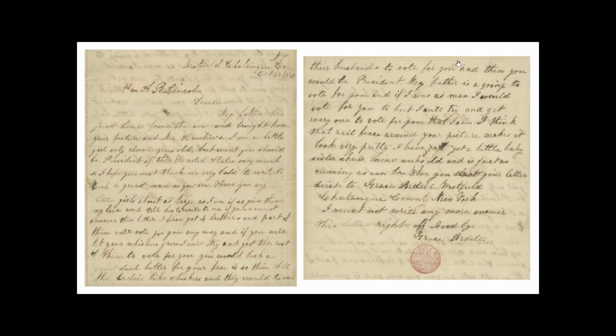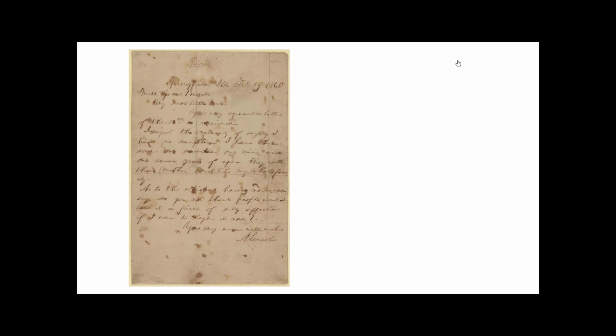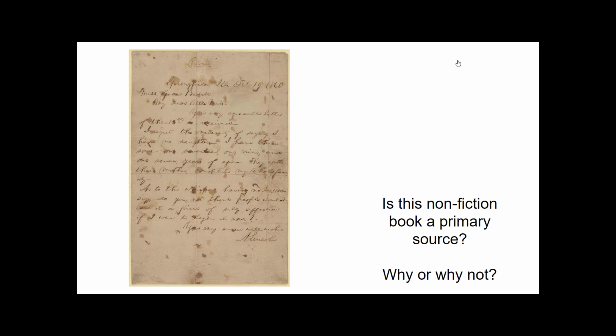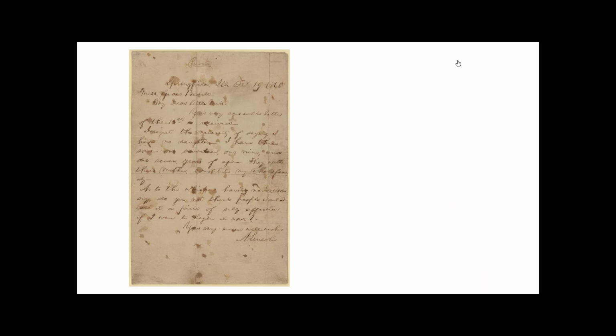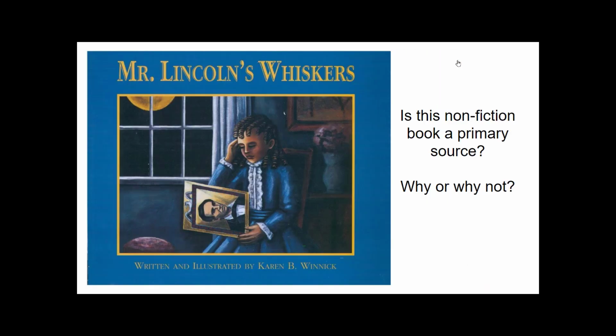And then the back of the book, here's a copy of the actual letter that Grace sent to Mr. Lincoln. And then here is the letter that Abe Lincoln wrote back to Grace. And so the question is, this nonfiction book that's based on a true story, is it a primary source? So the answer would be this book itself is not a primary source, right?